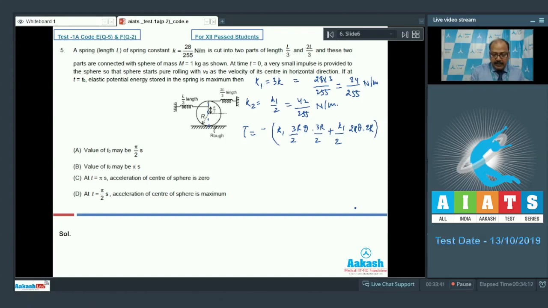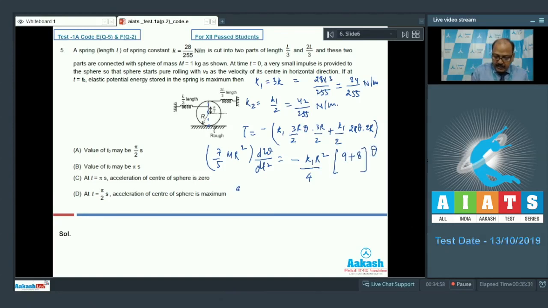The torque is I alpha, and I here, it's a sphere, so I about this axis will be 2 by 5 mr square plus mr square, that means 7 by 5 mr square, into d2 theta upon dt square is equal to minus K1 r square by 4 into, within brackets, into theta.